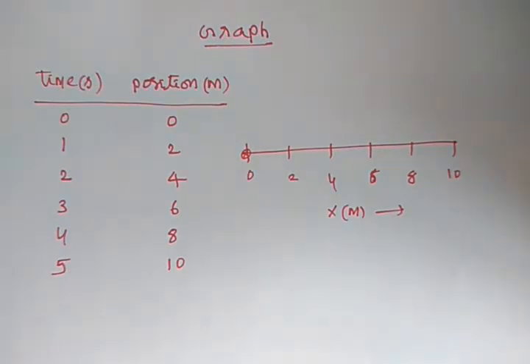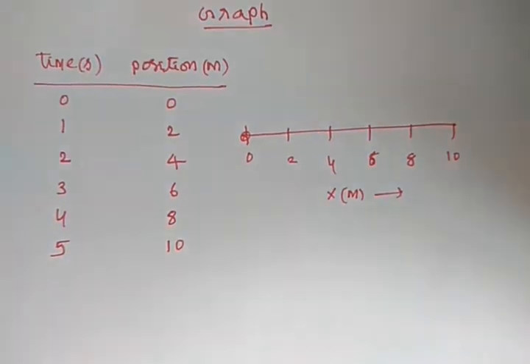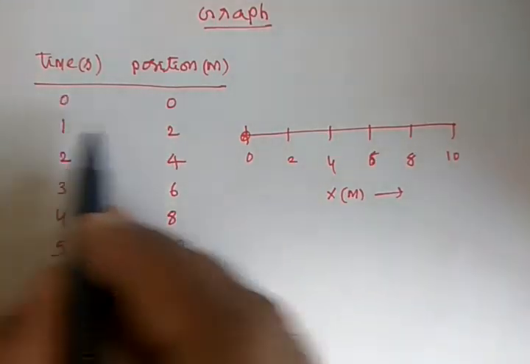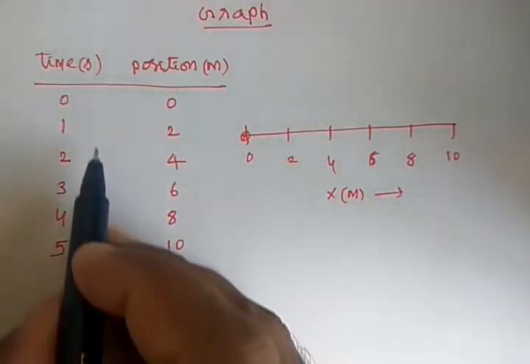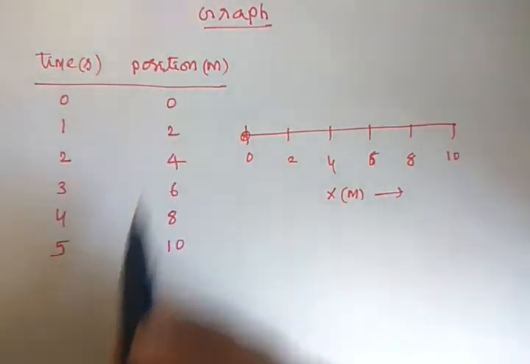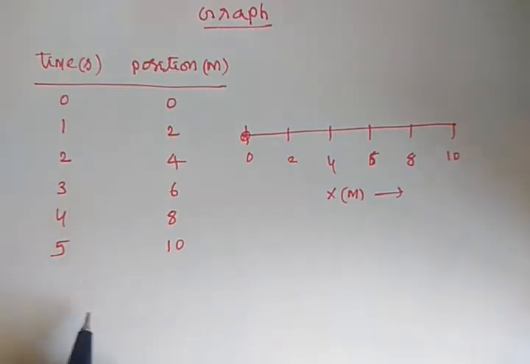Let us draw the graph for this case. As time changes, your position is changing, so you can take time on the x-axis and position on the y-axis. Let us do that.